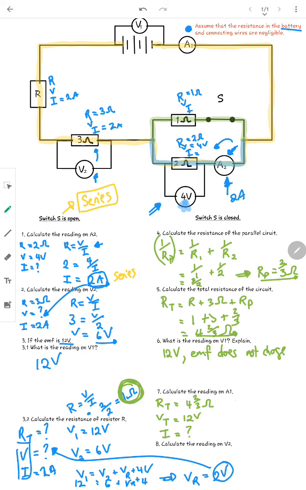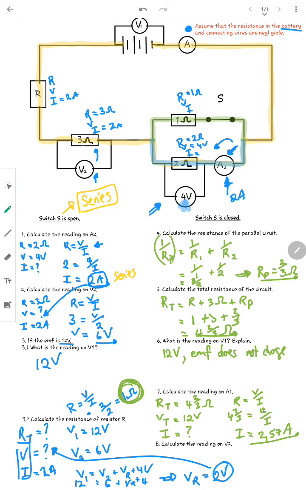So that's what we're trying to find. Ohm's law, R is equal to V over I, which means that you have 4 and 2 over 3, 12 and I. And when we stick that into our calculator, and here you can do it as a fraction, but you can leave it as a decimal, the current that we get is 2.57 ampere.